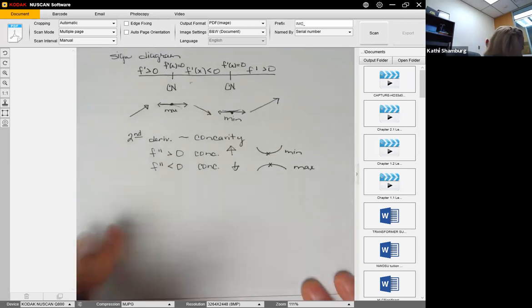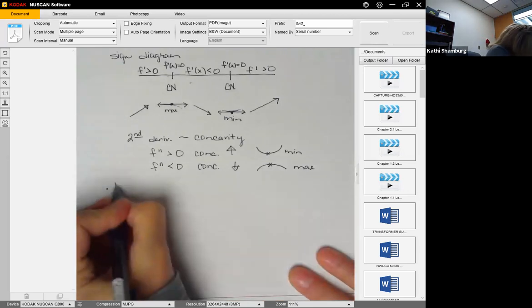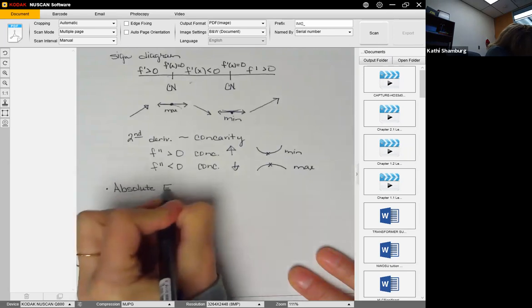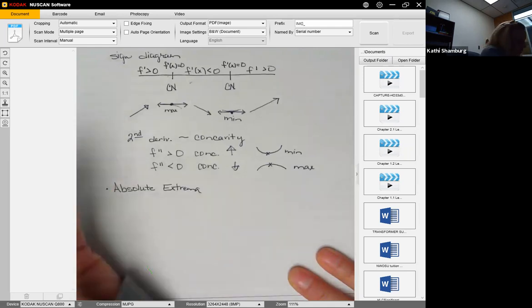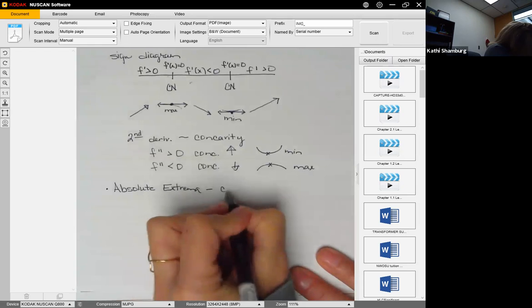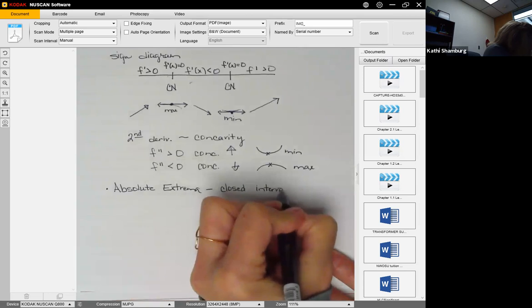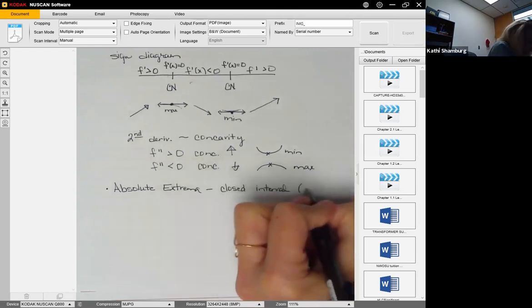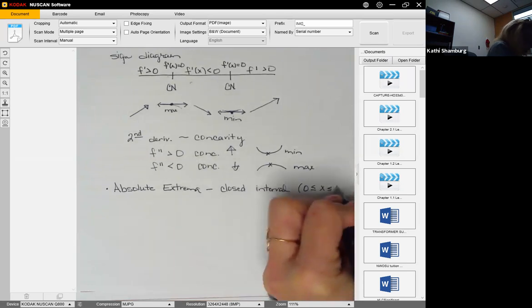Then we also got into and looked at what was called absolute extrema. Now, it's similar to relative extrema, except now you have a closed interval. Whereas previously, negative infinity and infinity, but now you have a closed interval. So you might have something like 0 is less than or equal to x is less than or equal to 7.